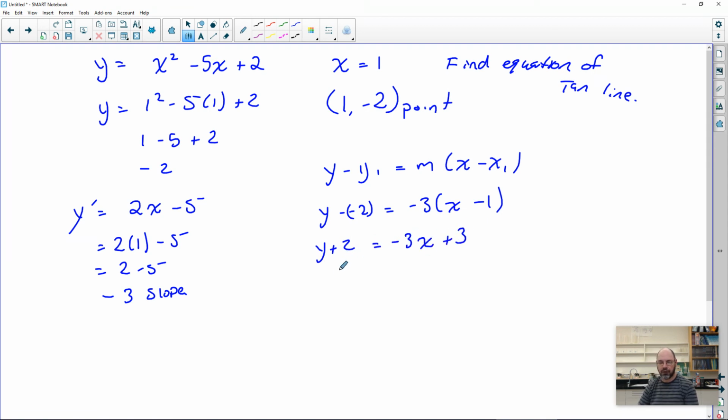Let's bring everything to the left this time. So let's add 3x and minus 3 to both sides. So y plus 3x minus 1 equals 0. And there's our equation of our tangent line.